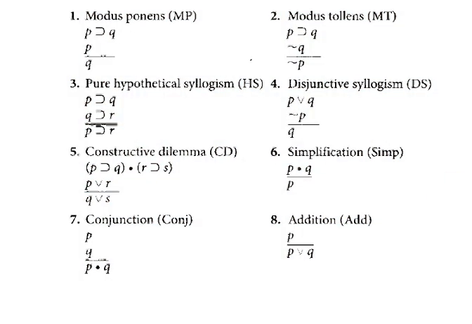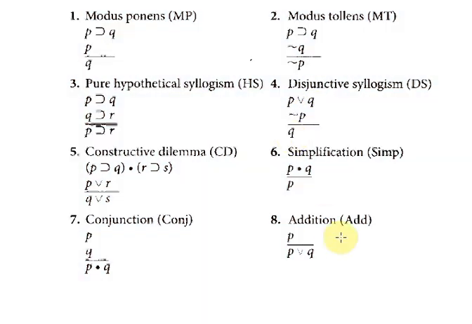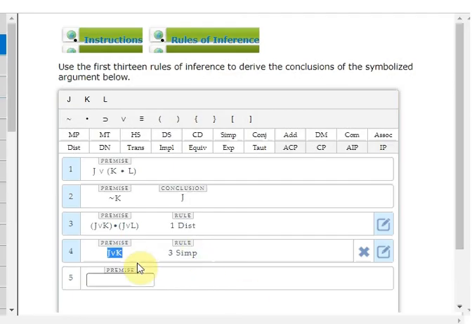When we look at the disjunctive syllogism, here it is. We have P or Q, not P, therefore Q. We don't quite have that because if our P is our J and our Q is our K, we actually have it reversed, right? We need the K in first position so that we could apply the disjunctive syllogism.